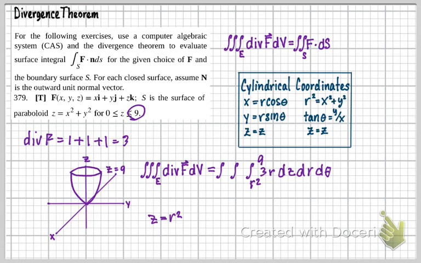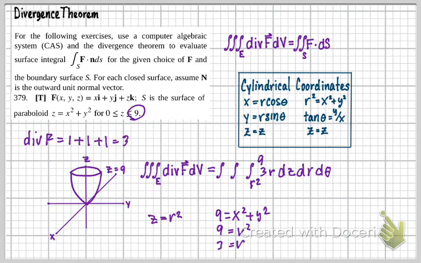Now for the next bound, that's my r. How far does my r go out? Well, I know here that my z gets as large as 9. So 9 equals x squared plus y squared up here at 9. So that's going to be r squared equals 9, which means r equals 3.